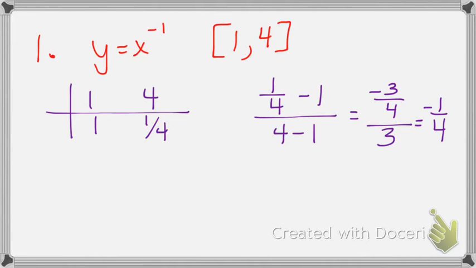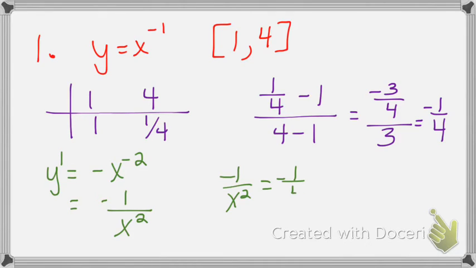So that's the slope between 1 and 4. That's the slope of the tangent line. Then you also find the derivative. I'm going to rewrite it because I think it'll be easier to solve. What I want to happen is I want the slope of the tangent line to equal -1/4. So I'm going to set the derivative equal to -1/4, cross multiply and solve. -1 times 4 is -4. -1 times x squared is -x squared.